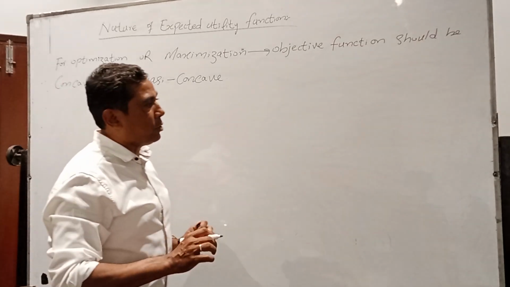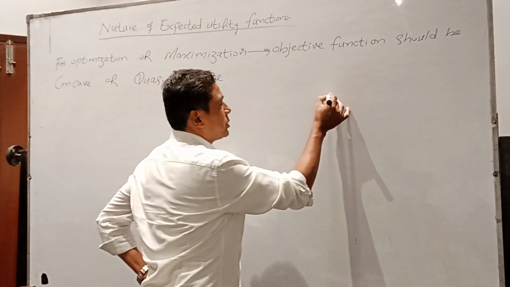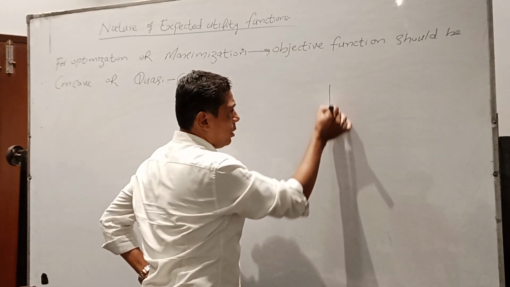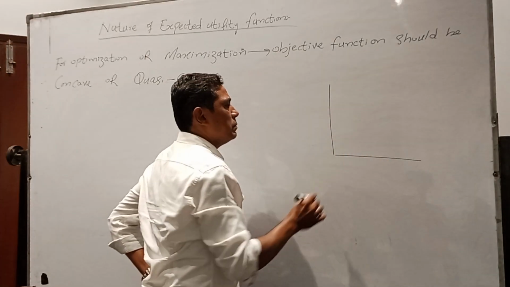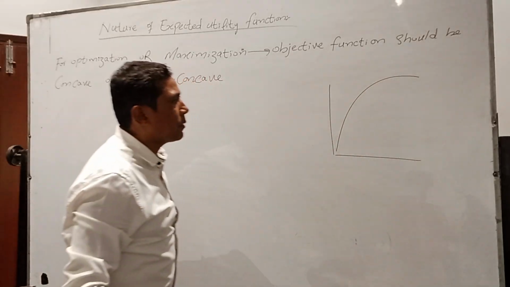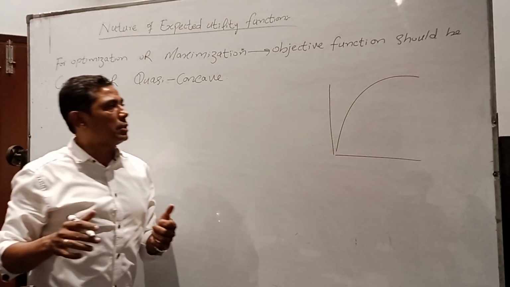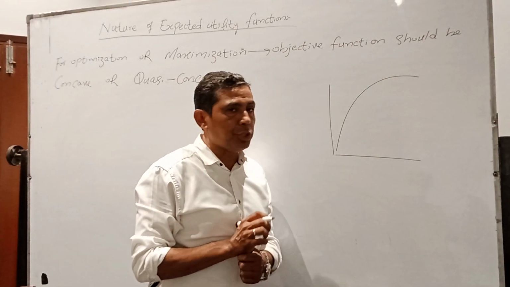Why? When we talk about the concavity of functions, first of all, just recall it. Okay, the nature of the function should be like this one. Then you will have a concave function. What is the theoretical assumption behind this shape?